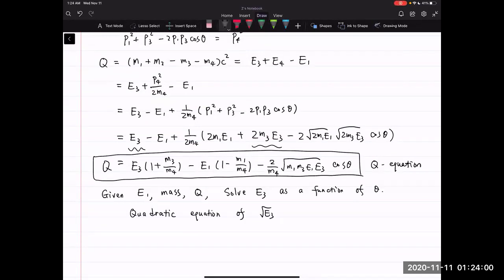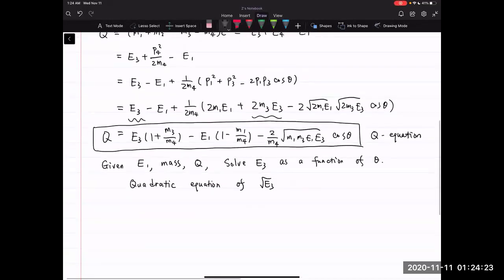All the rest are just prefactors. So this Q equation is a quadratic equation of square root of E3. Then we can solve this square root of E3 and solve E3 essentially as a function of theta. And of course, it's also a function of E1, the mass, and Q value. So this will be the general Q equation.